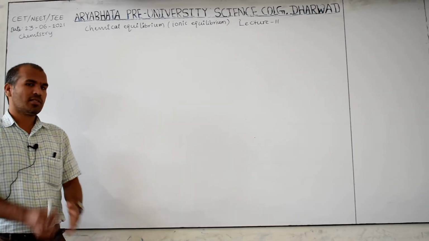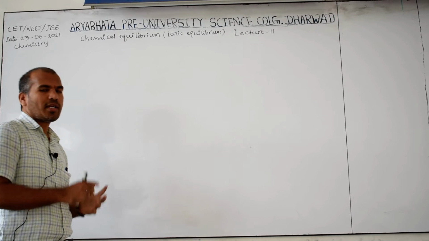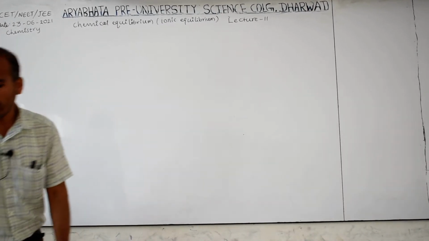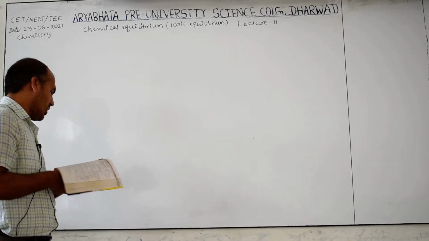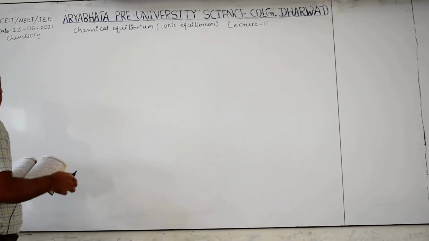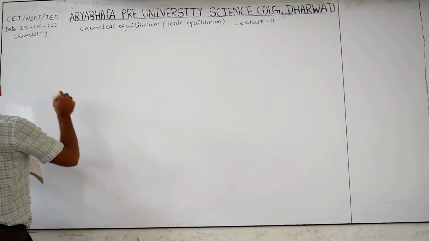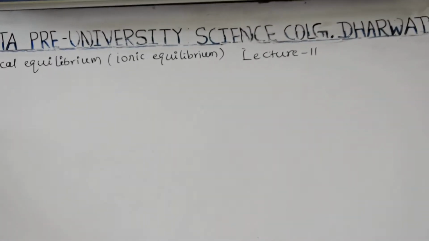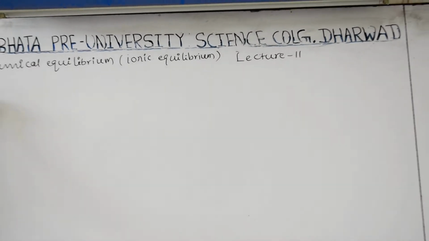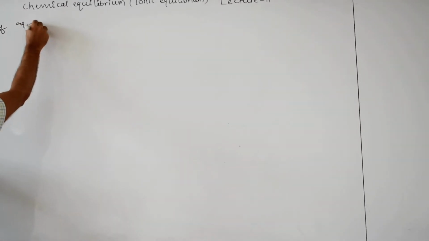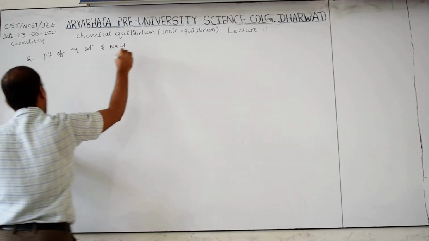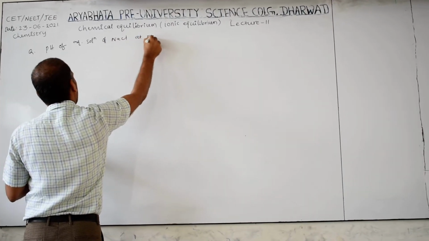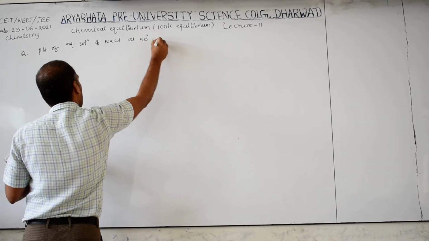In the previous class, I discussed the concept up to salt hydrolysis. Based on salt hydrolysis, some questions were there. So now, the question is: the pH of an aqueous solution of NaCl at 50 degrees Celsius is?